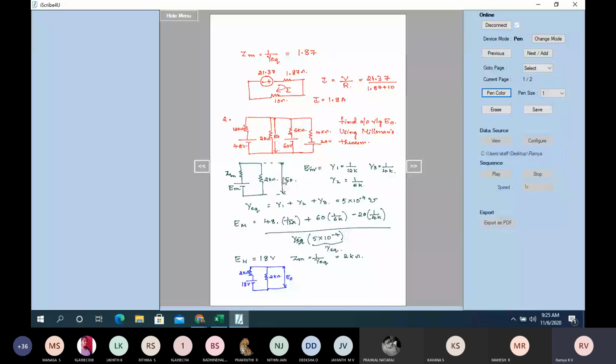Without using any formula, can someone tell me what will be the voltage across the 2 kilo ohm? 18 volts. Okay. How can you tell 18 volts? Ma'am, 18 volts is flowing through the circuit. 18 volts doesn't flow.